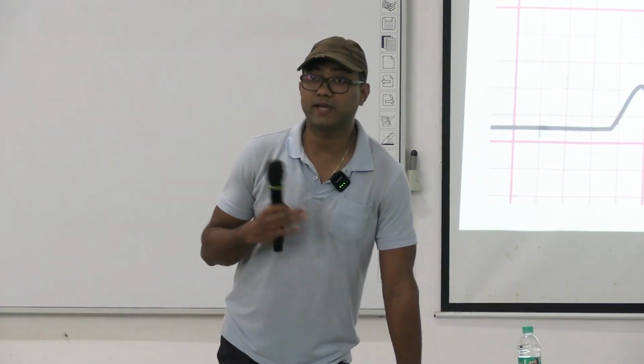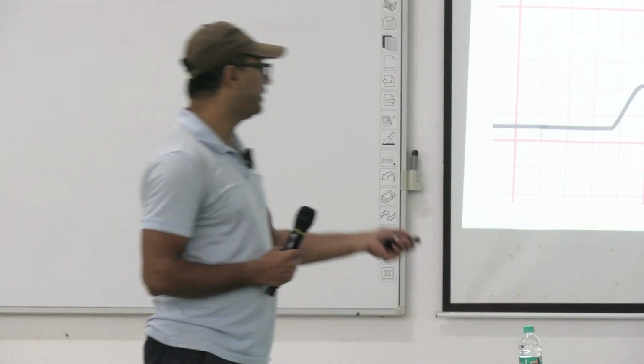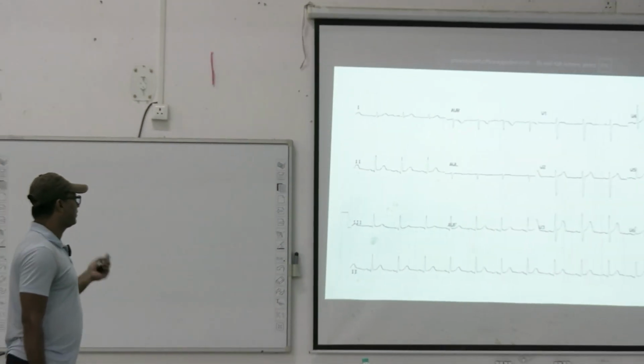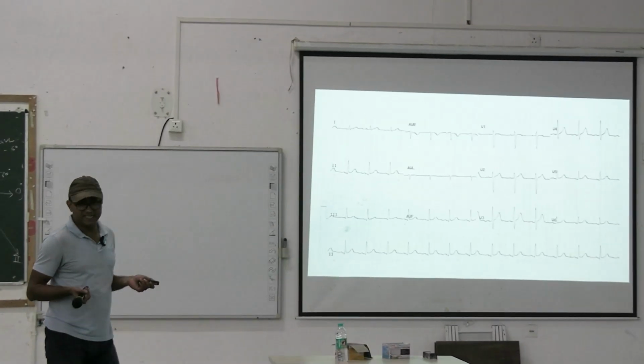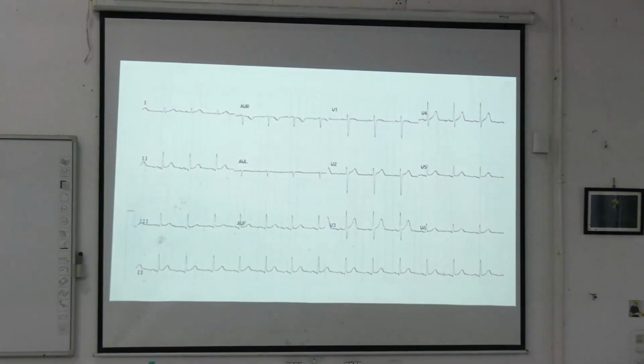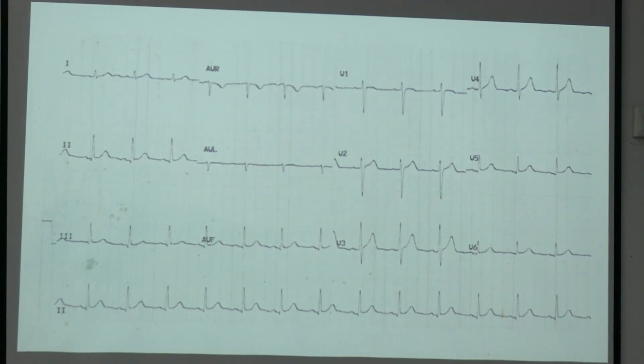So, there is a way to calculate ECG axis from the ECG. From any ECG we can calculate ECG axis. So if I get an ECG and have to calculate the axis, how will I do it?